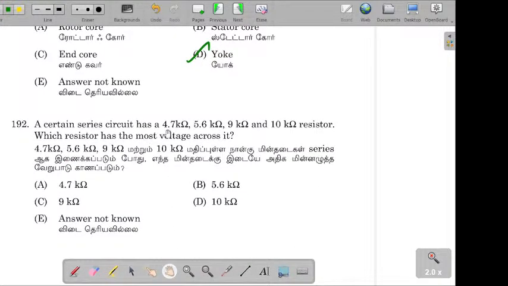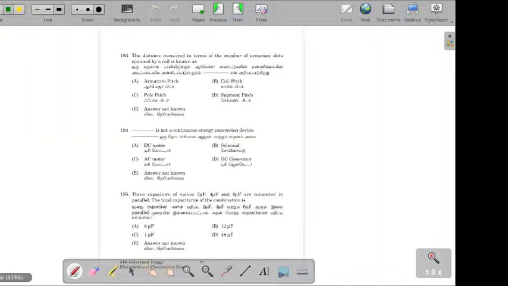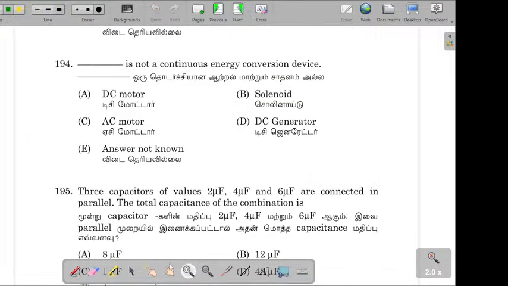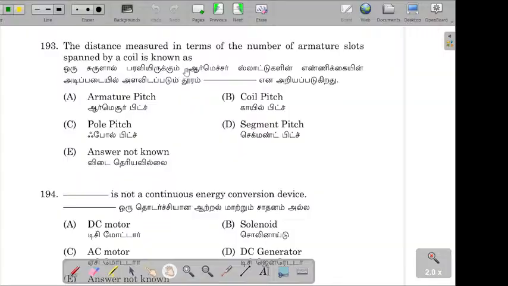A certain series circuit has a 4.7 kilo ohm, 5.6 kilo ohm, 9 kilo ohm and 10 kilo ohm resistor. Which resistor has the most voltage across it? It will be 10 kilo ohm. Next question. The distance measured in terms of the number of armature slots spanned by a coil is known as coil pitch.